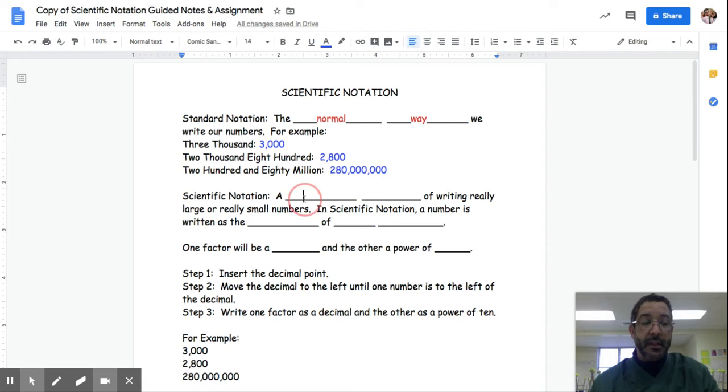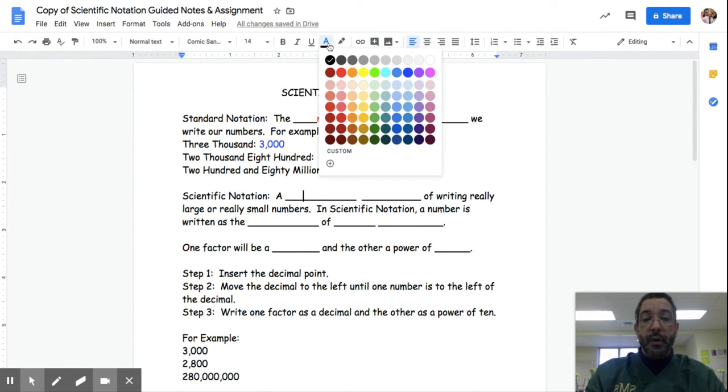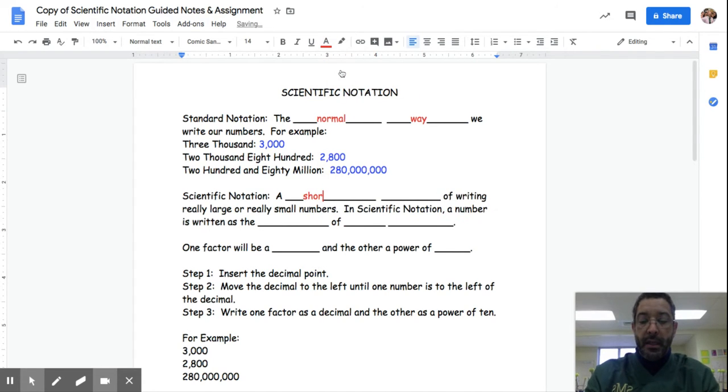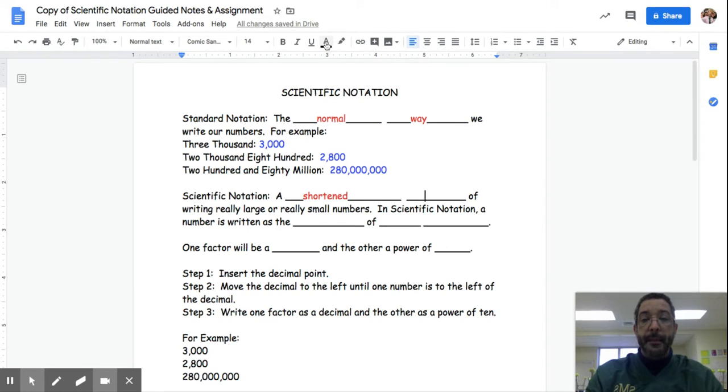So scientific notation then is going to be, and here we're going to put, a shortened way of writing really large or really small numbers.